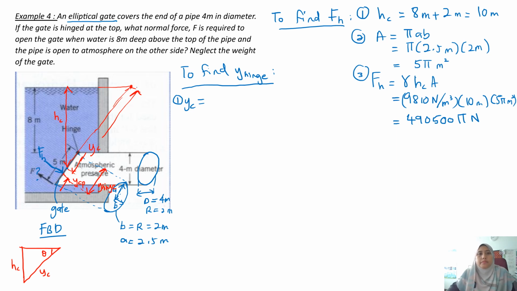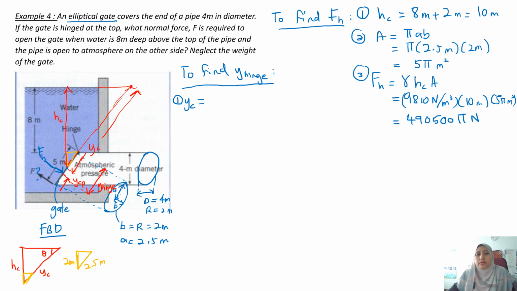And at the same time, you also have this small triangle here. I use different color here. So this small triangle is basically here at the bottom here. So if I draw it separately, this should be 2 meters and this should be 2.5 meters, which is half of 5. 2 meters is half of 4.